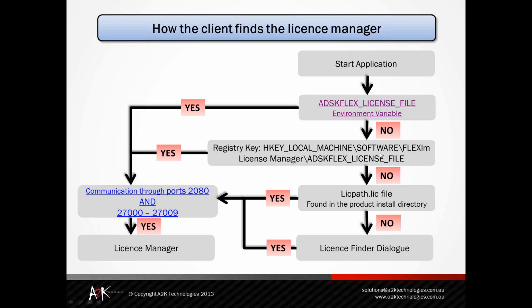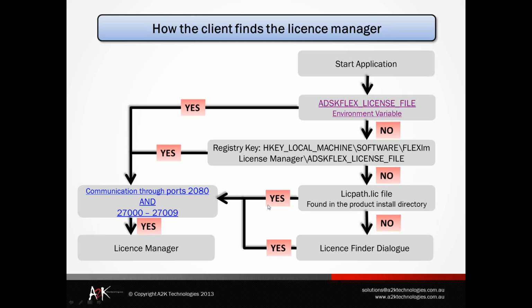If that's not available or it can't find anything there as well, then it'll go to the lickpath.lic file, which is found in the product install directory. Finally, if there's no license available from there, we get the familiar license finder dialog box, where we've actually got to specify a server name.